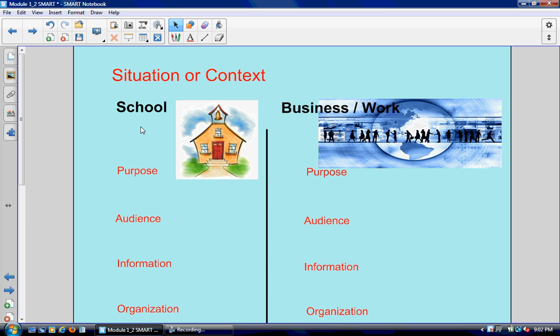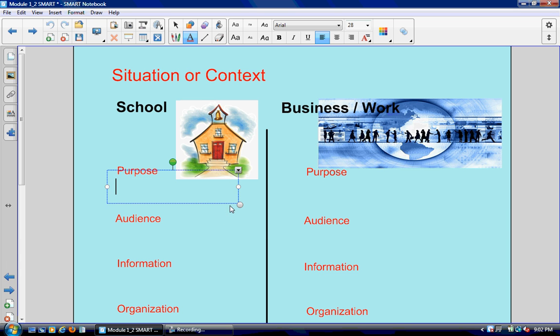If you're in school, you're used to writing essays. You're used to writing for a particular audience, and business writing changes some of that. So as our textbook talks about, the purpose of school writing is actually most frequently to just show you have learned.